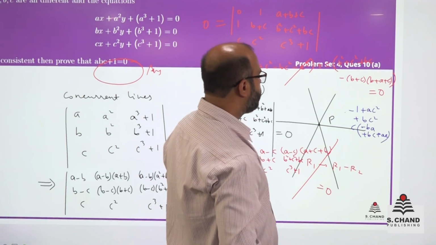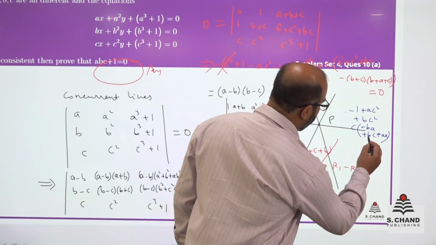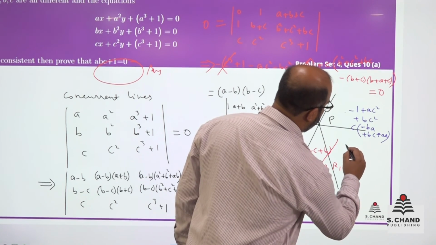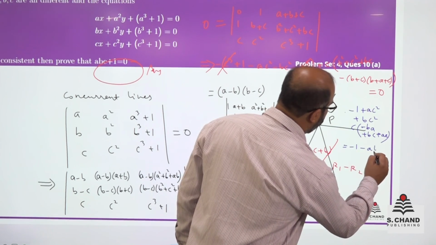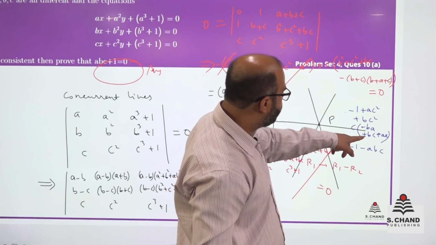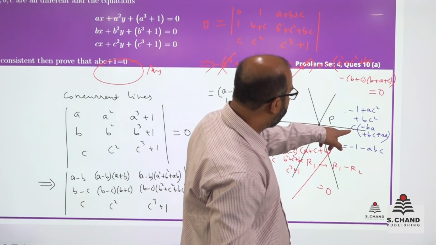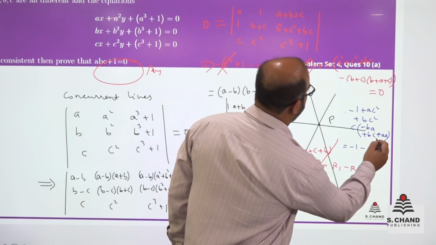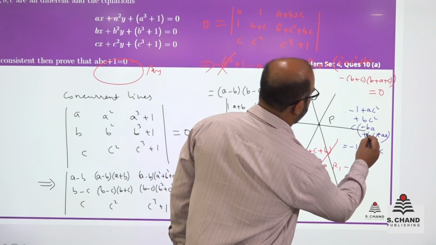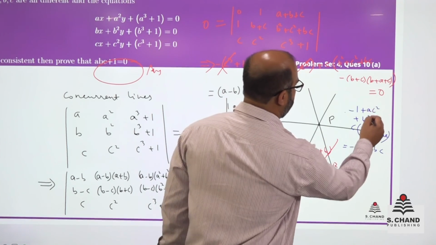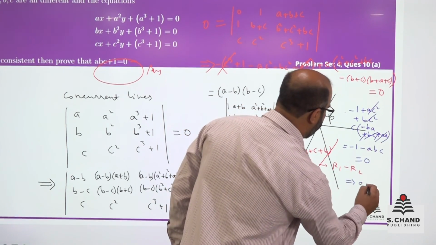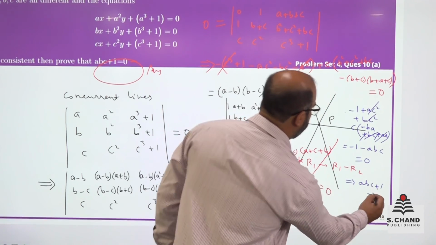Then when you calculate further, minus ABC minus 1 will remain, and AC square and BC square will cancel, so this is equal to 0, so ABC plus 1 is equal to 0, right?